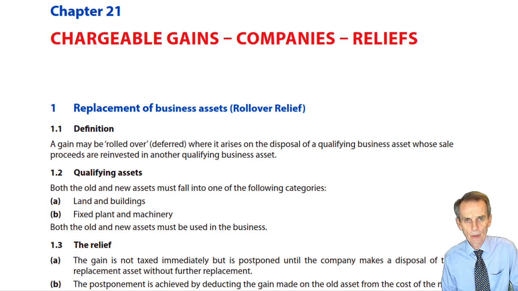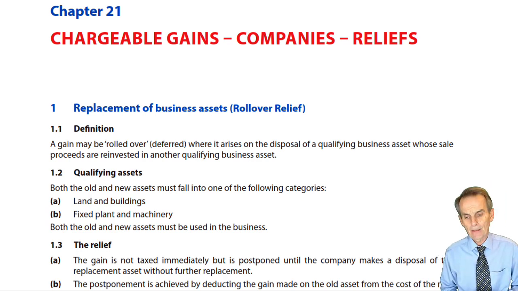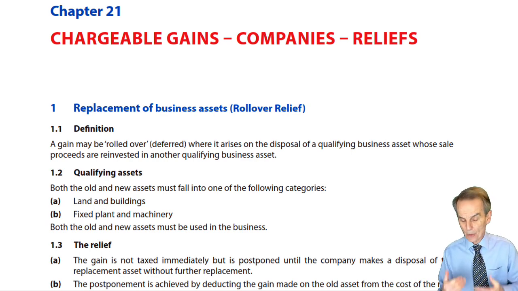The other situation we look at in this chapter, still a part of exactly what we've done before, back in Chapter 14, is if the asset that we replace the old one with, that we buy, the object of the rollover deduction, if that asset turns out to be a depreciating asset, I hope that means something to you.